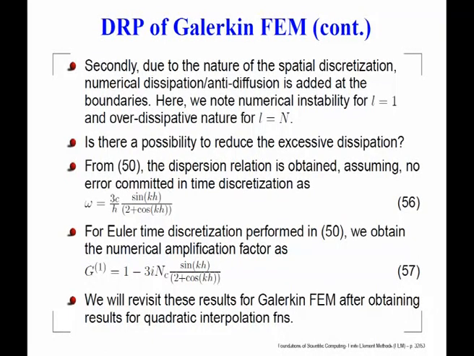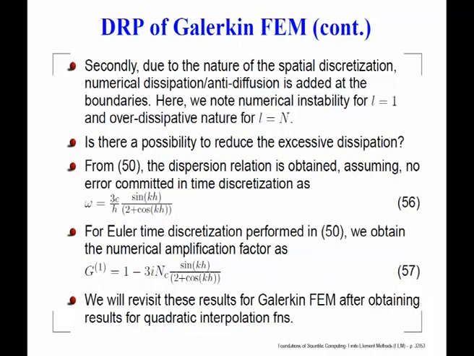Why did I put it as a superscript within bracket 1? Because this is a p equal to 1 polynomial we have taken. We have taken a linear basis function. So, we will call that g of 1 and substitute it there and do this analysis the usual way that we are familiar with now. This g of 1 comes out like this.